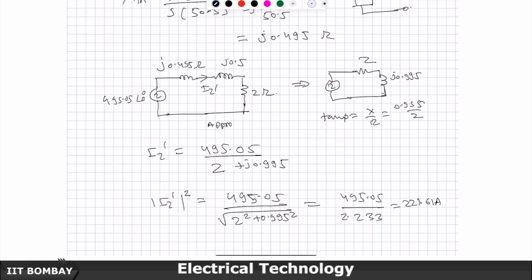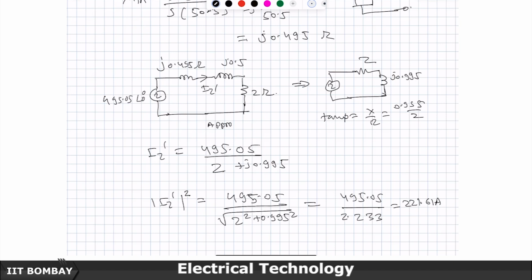So, let me just do that, 0.995 divided by 2, and then its inverse tan.